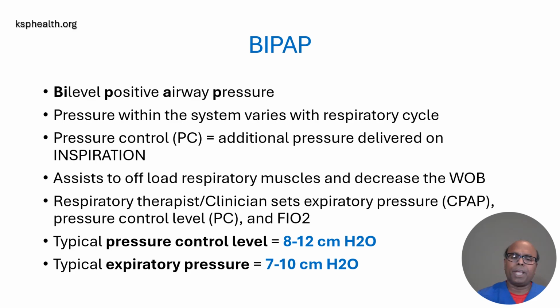The typical expiratory pressure, similar to CPAP, is 7 to 10 centimeters of water, and the pressure control is 8 to 12 centimeters of water above the expiratory pressure. Meaning if you are setting 7 as a PEEP or expiratory pressure, the inspiratory pressure level should be 15, don't put 8. It's supposed to be 15.